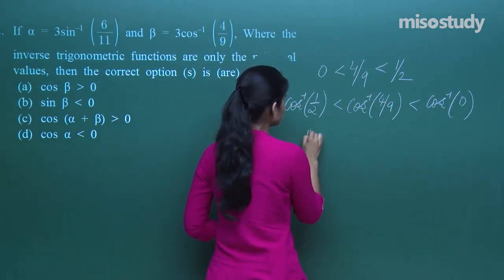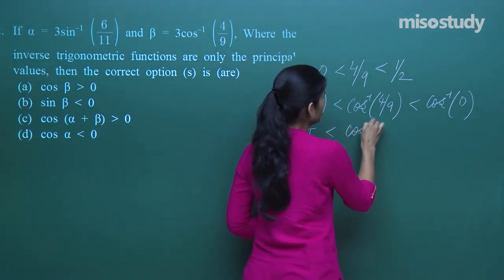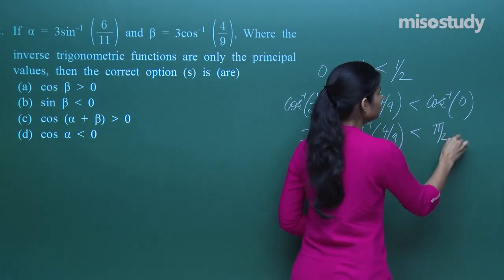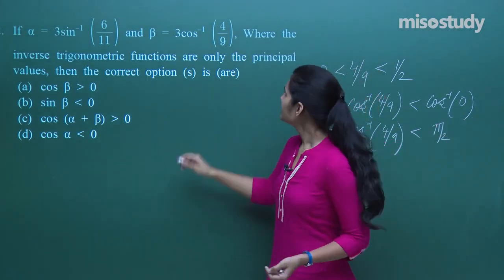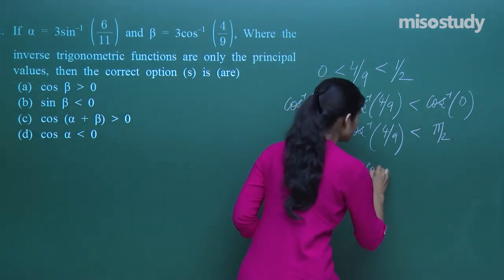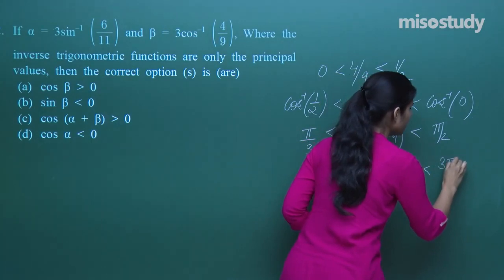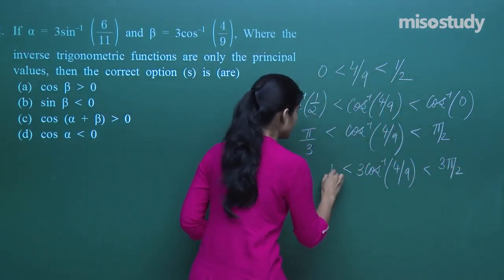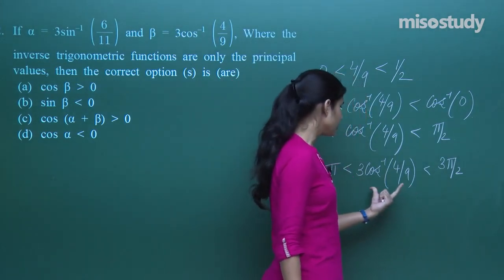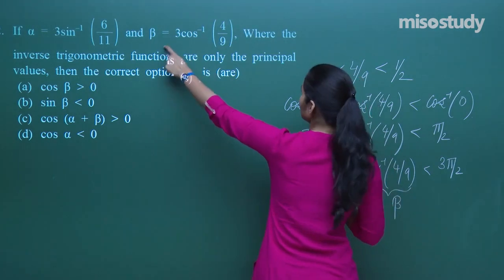So here this becomes pi by 3 is less than cos inverse of 4 by 9 is less than pi by 2. What you want is thrice of cos inverse 4 by 9. So thrice of cos inverse 4 by 9 is less than 3 pi by 2 and is greater than pi. From pi to 3 pi by 2, this is your beta.